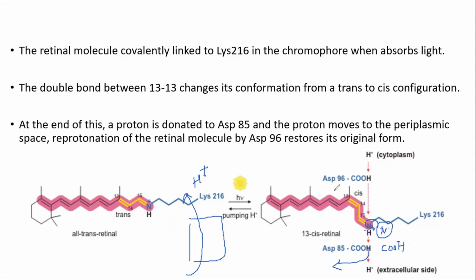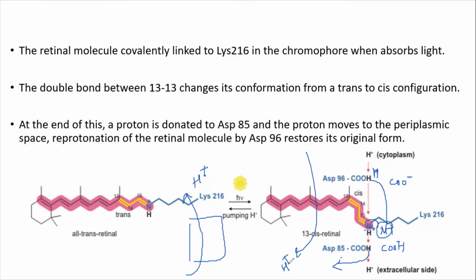To balance this minus, the H from lysine has been taken from here. So now this N is free. To balance this, the H has come and joined over here. Now this had become COO minus. To balance it, it has taken H from the cytoplasm. So at the end, what is happening? One H has been transported from inside to outside. In short, clear?